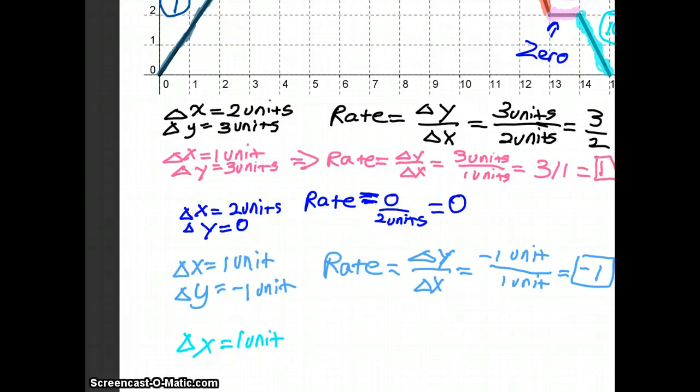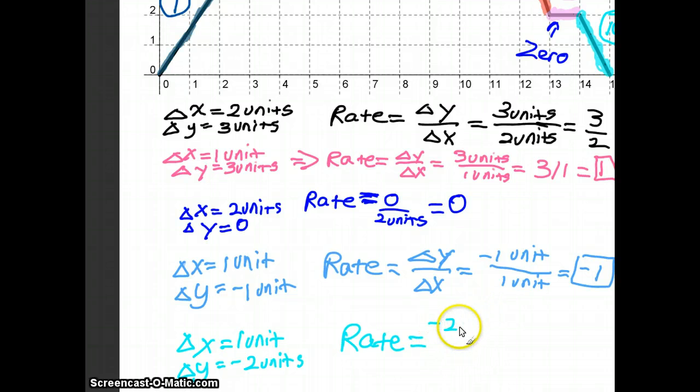And then coming down here, we know that it starts at a height of 2 and comes all the way down to a height of 0. So going from 2 to 0 is a change in y of negative 2. So from 2 to 0 is a negative 2 change on my units, which means that my overall rate for phase 10 is actually going to be negative 2 units.